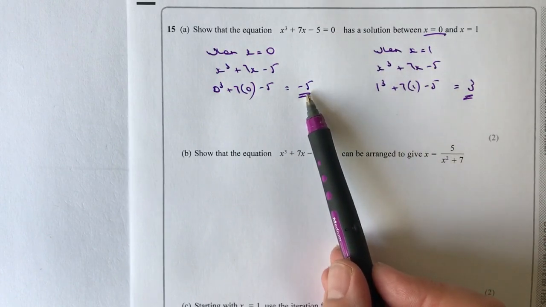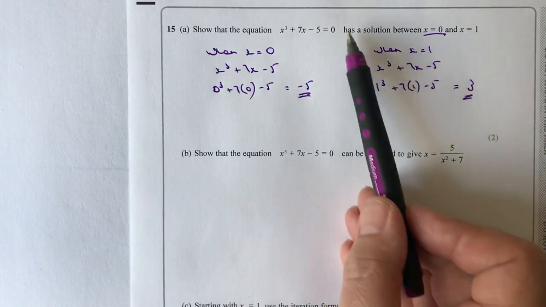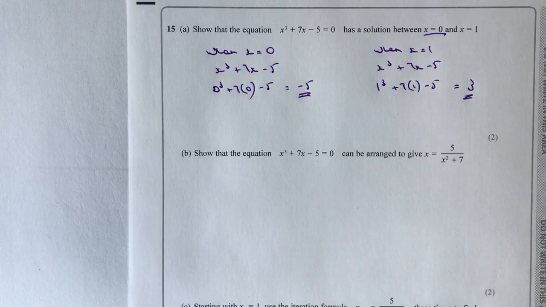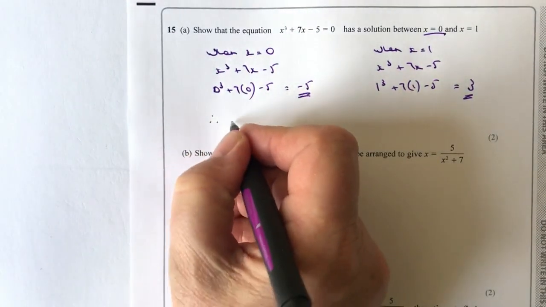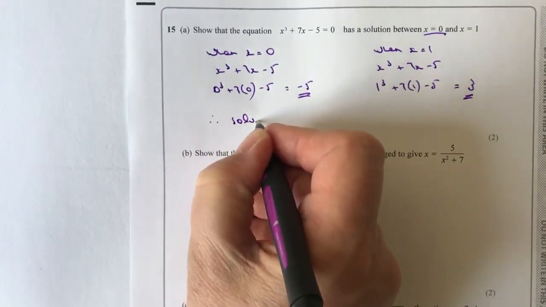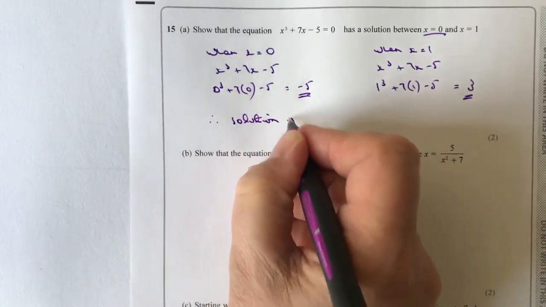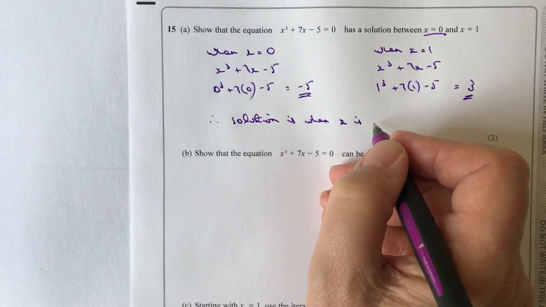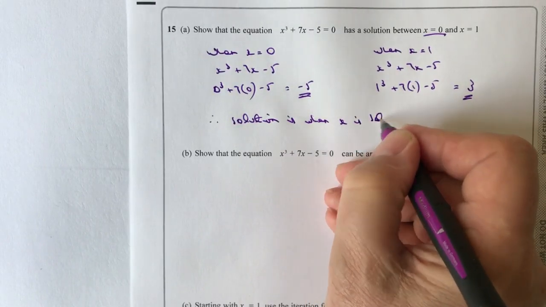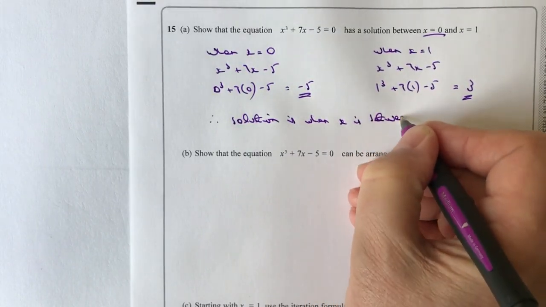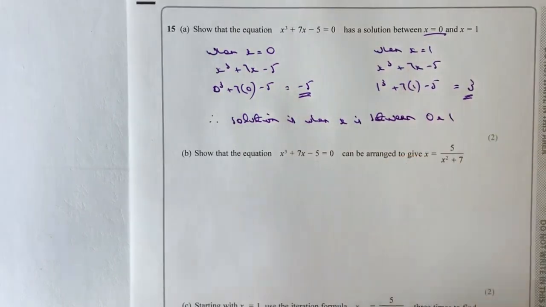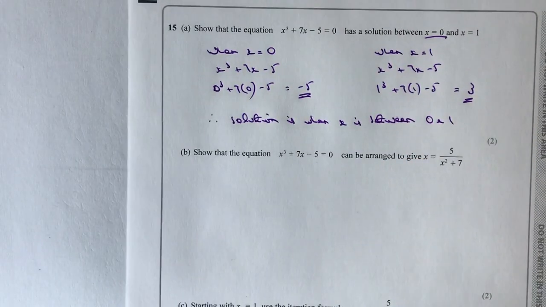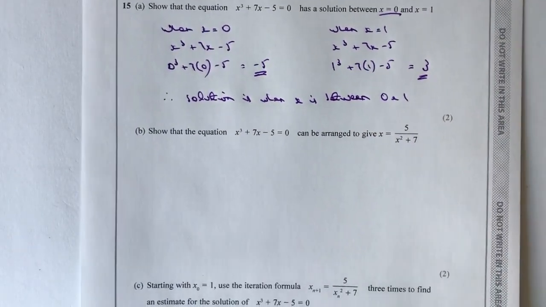This is a lot lower than 0, and this is a lot more than 0. So therefore we're showing that the solution is when x is between 0 and 1.